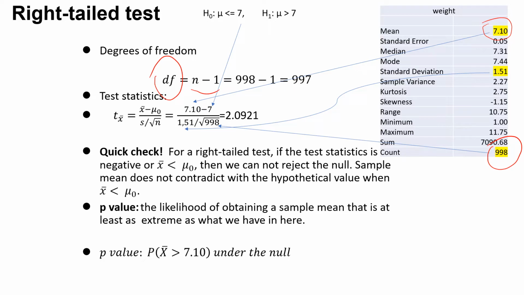In a right tail test, even though there is an inequality in the null hypothesis, we take the equal sign and pretend that 7 is our null value. We look at the distance between the sample mean and the null value and divide by the standard error of the sample mean. Pretty much we standardize the distance to find the position of the observed sample mean away from the hypothetical value.